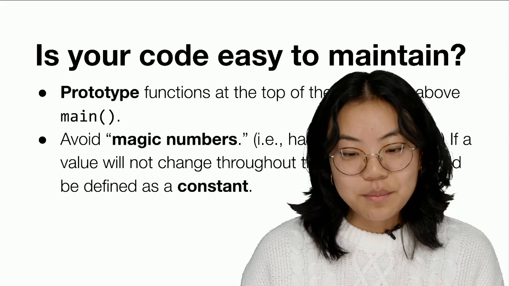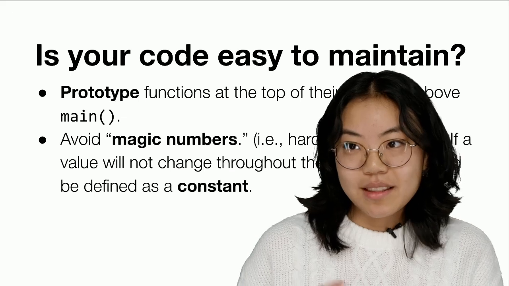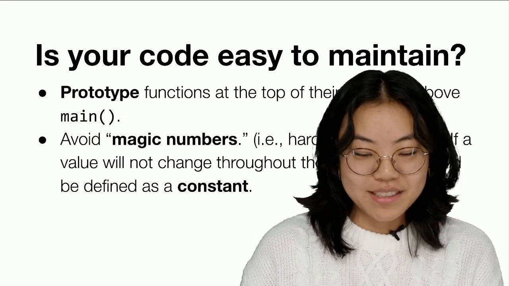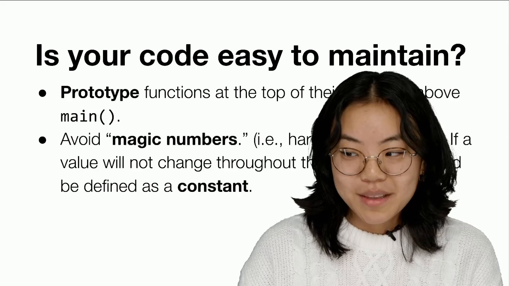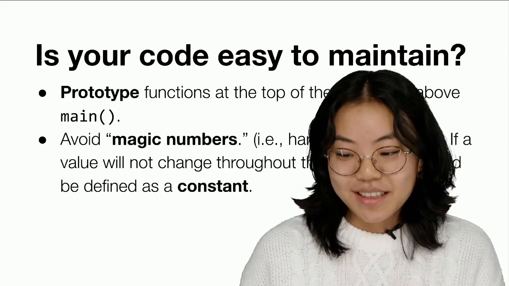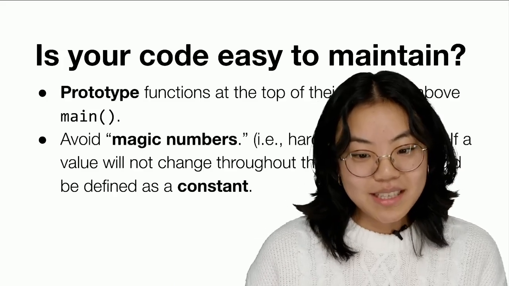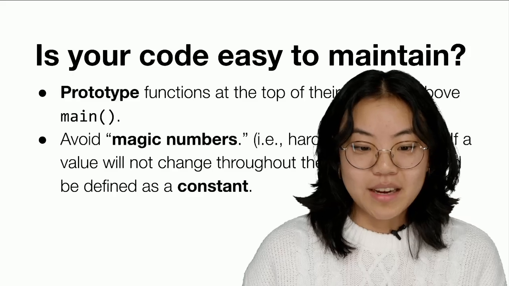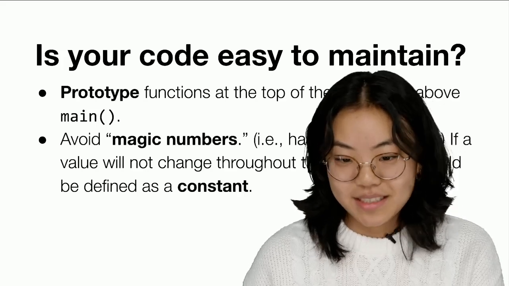For example, something you might do in this week's problem set is use the fact that the alphabet has 26 letters. Over the course of your program, the alphabet is not suddenly going to add more letters. So that is a number, 26, that might be good to define as a constant rather than simply typing in 26.